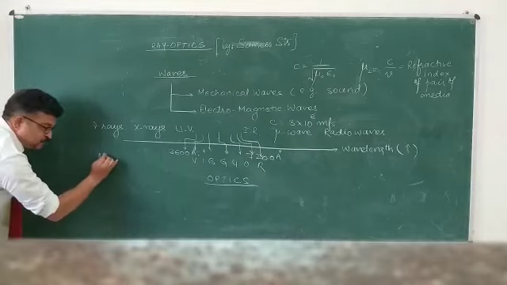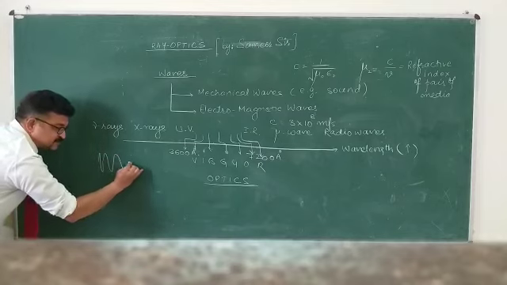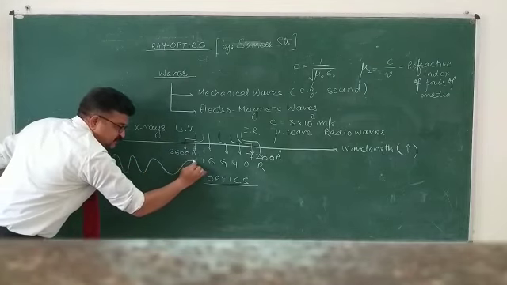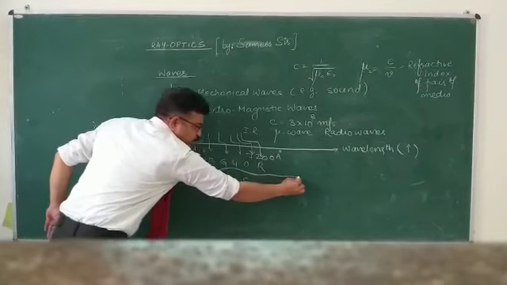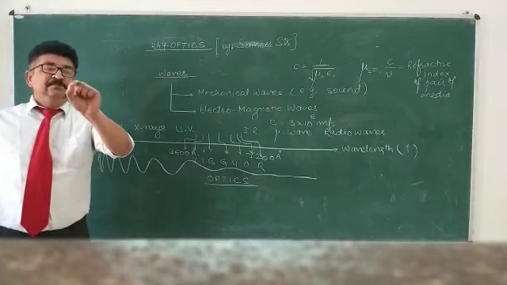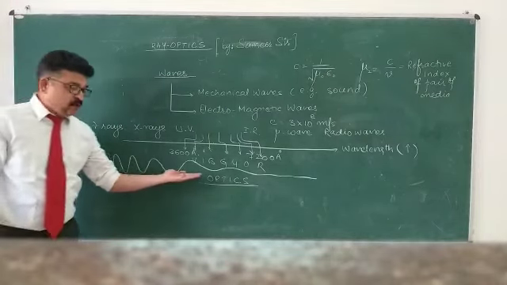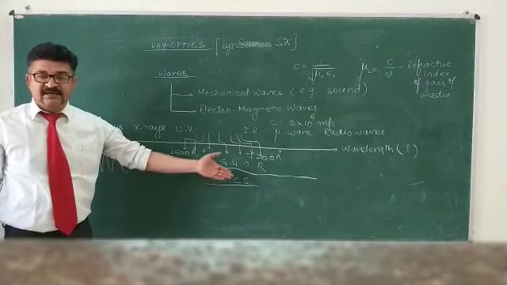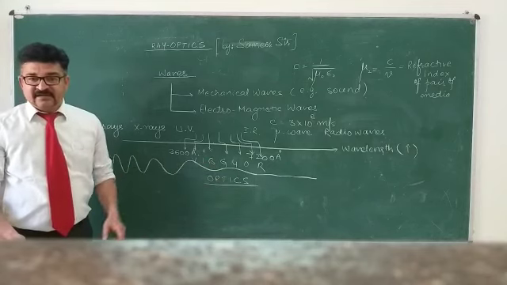But as you move to the next part of the spectrum, the wavelength starts increasing, and it becomes so large that after some time it is very difficult to look at the behavior of light as a wave. What we call light has a rectilinear property. It moves like a straight line.